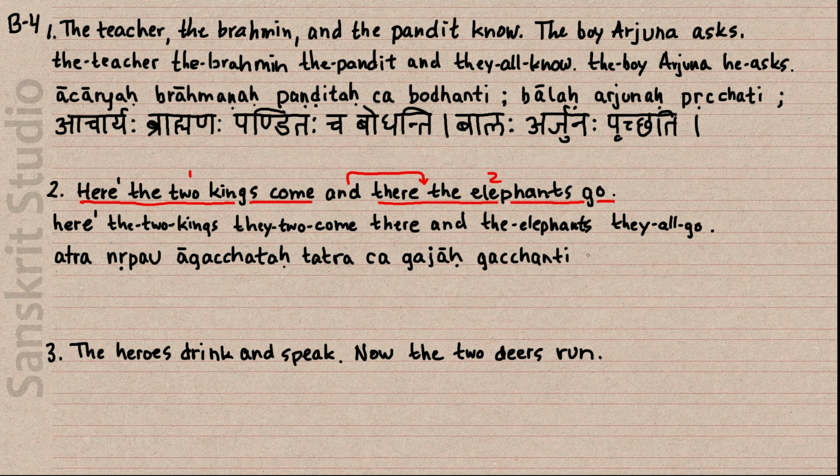So that's the transliteration in Roman characters, and now we just write it. Atra. Nripau. And we have a long A here. Tatra.